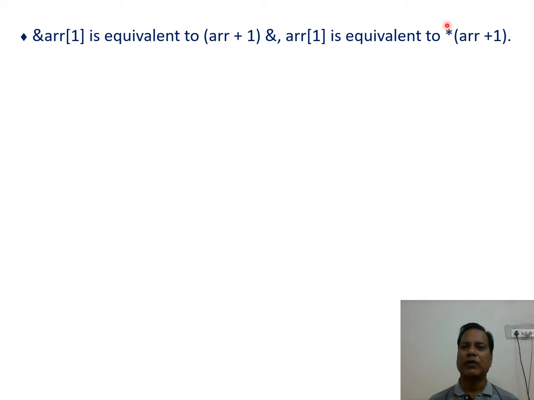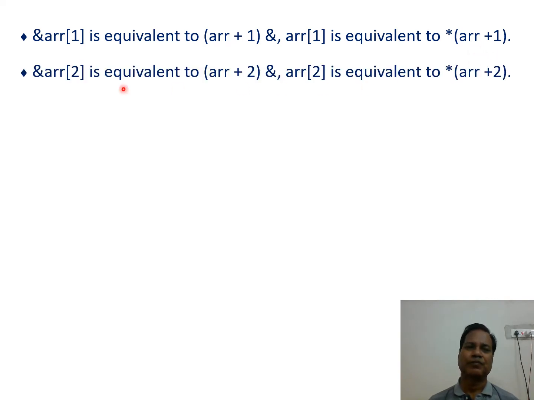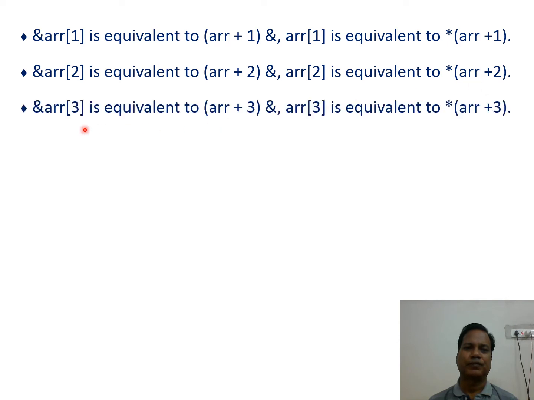What is the value of the array r at this memory location r plus 1? &r[2] is equivalent to r plus 2, and r[2] is equivalent to *(r plus 2). What is the data stored at the r plus 2 memory location?